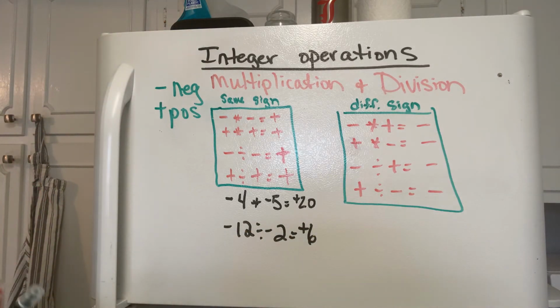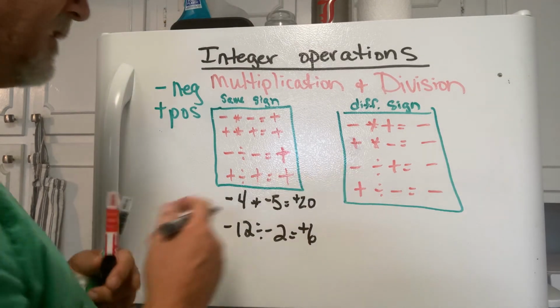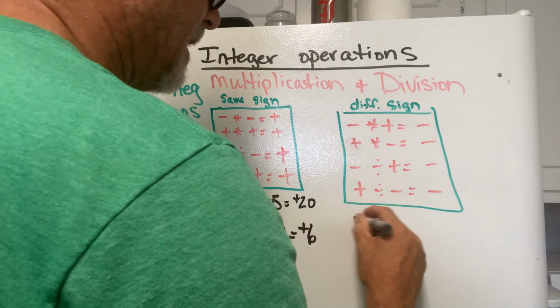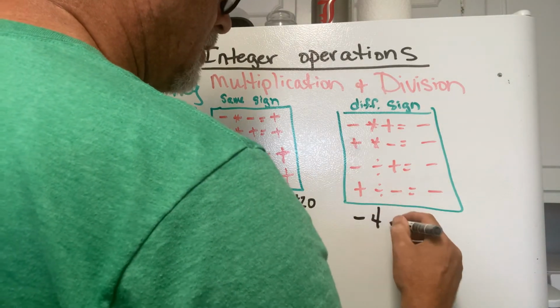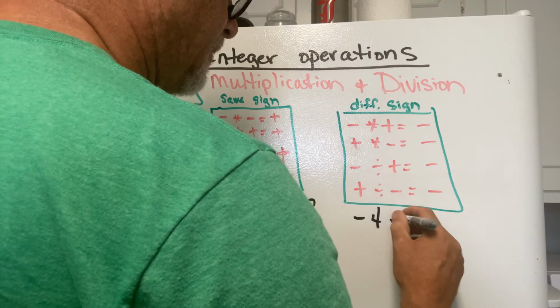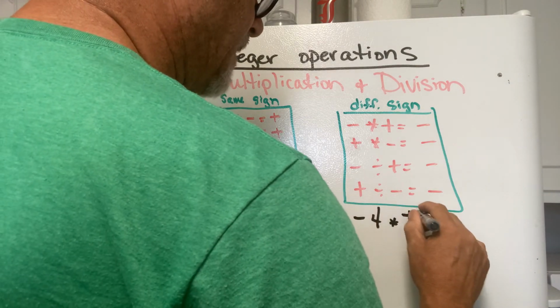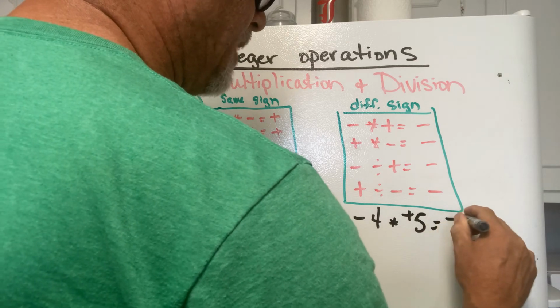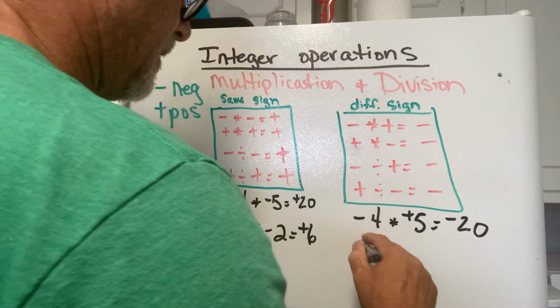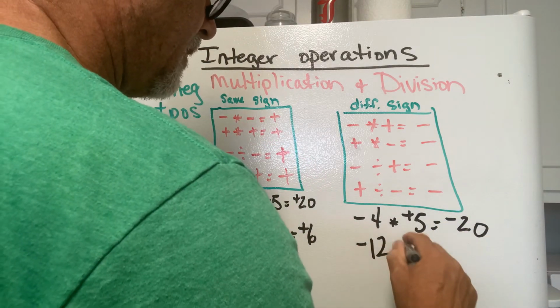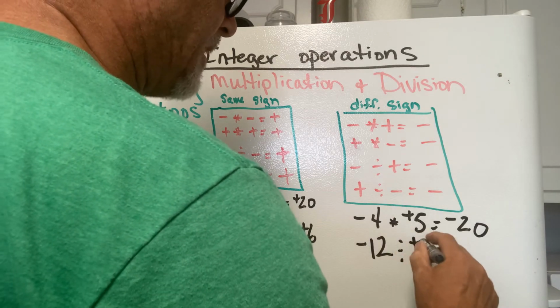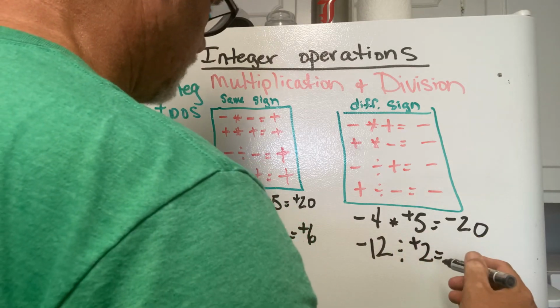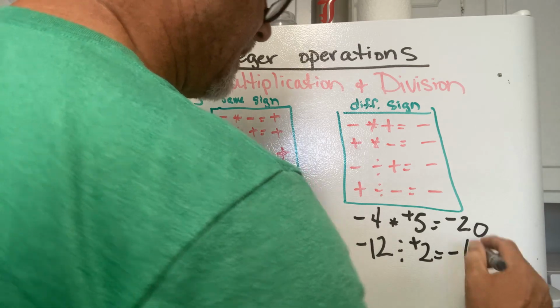All right, just for some examples over here on the different signs: negative 4 times positive 5 is negative 20. And negative 12 divided by positive 2 equals negative 6.